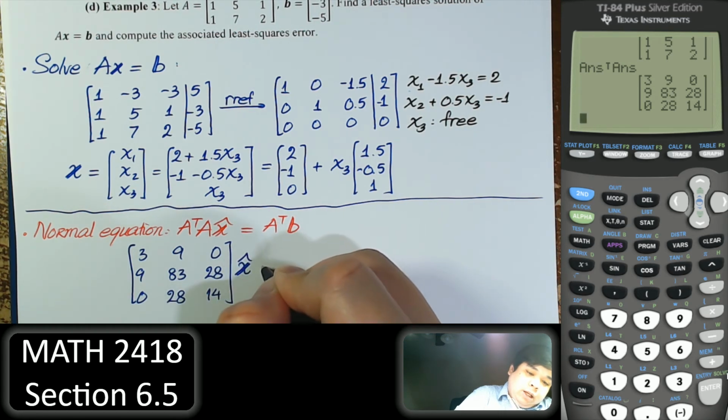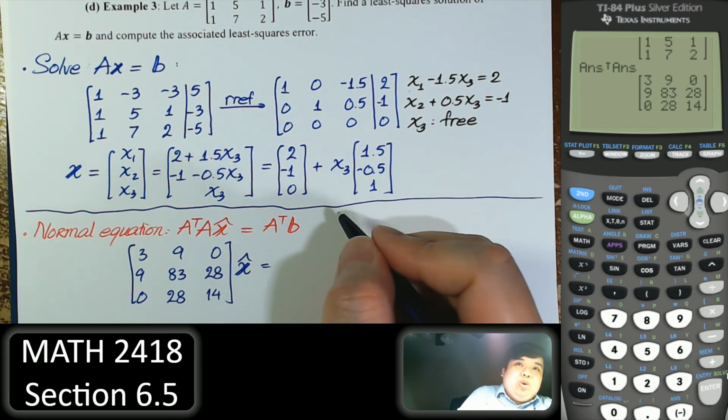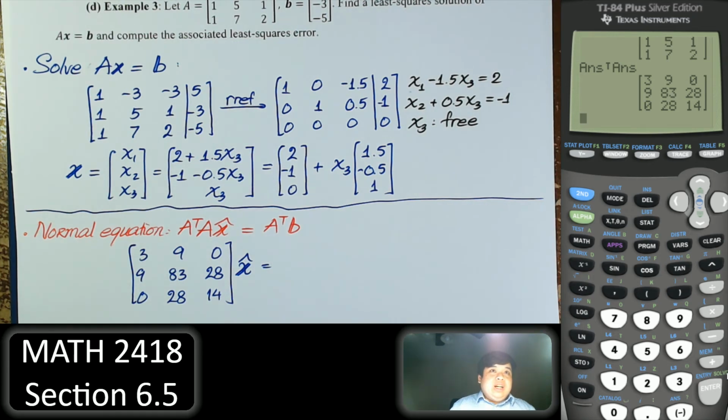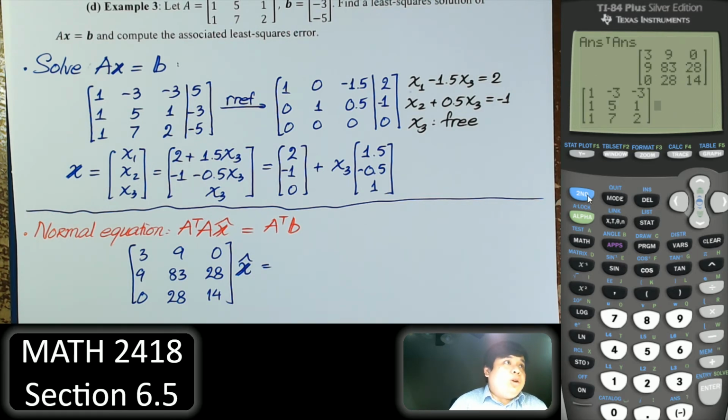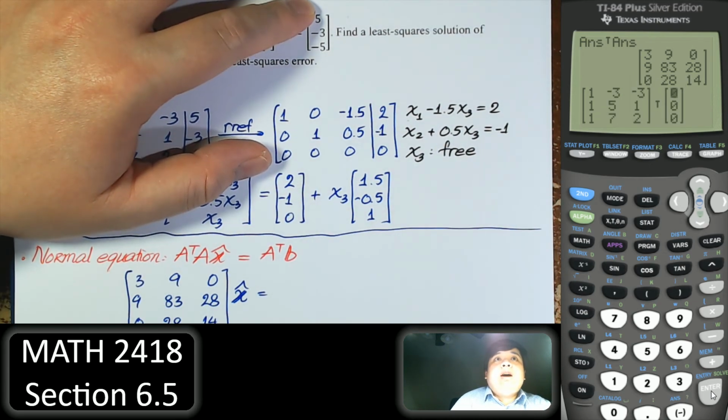Yeah, this one doesn't have a unique solution, so for sure the pseudo inverse does not exist. So we have the matrix A again, transpose that, times the matrix 3, 1, 5, negative 3, negative 5.